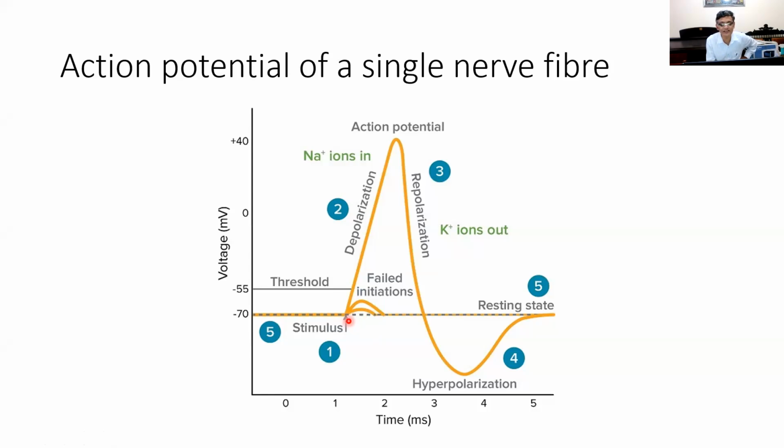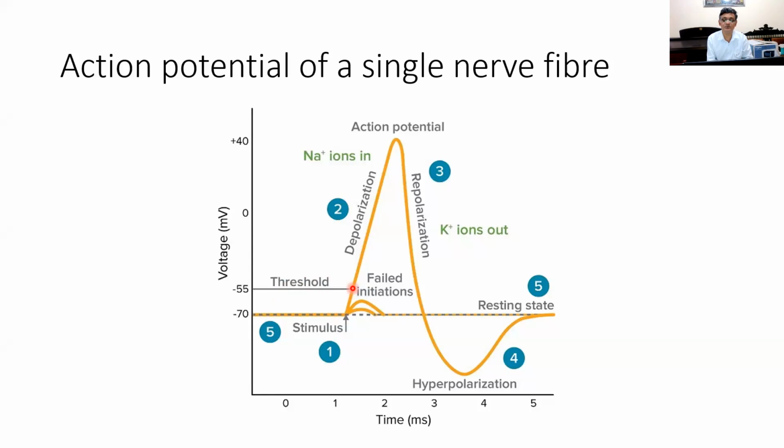If you give a little bigger stimulus, it will open a little bit more sodium channels, that will also die off. But if you give an even bigger stimulus, it will reach what is called the firing level or the threshold, and that will not die off. After reaching the threshold, it will undergo what is called the all or none phenomenon.